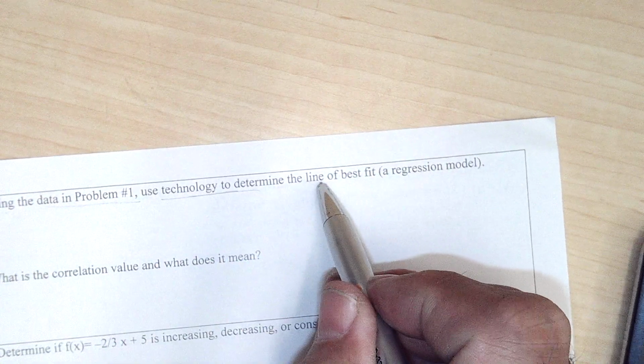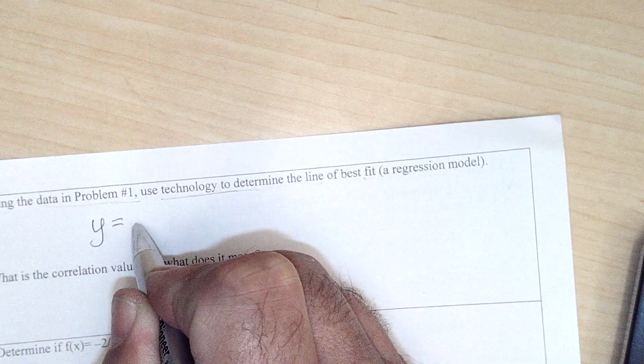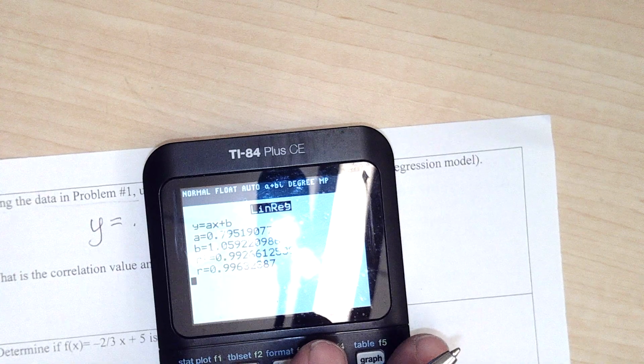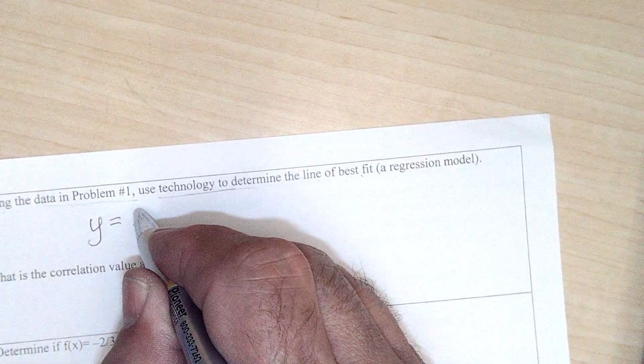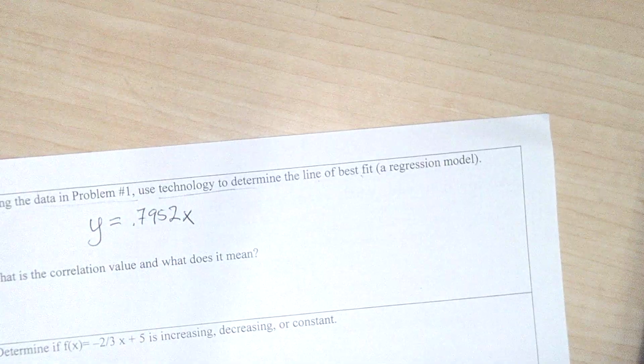So the technology learned by, it says y equals 0.7952 times the x.